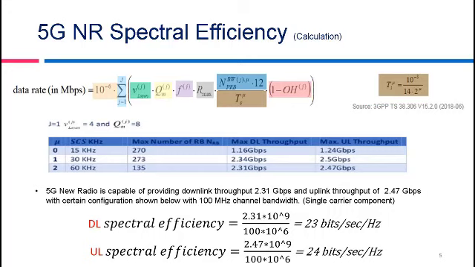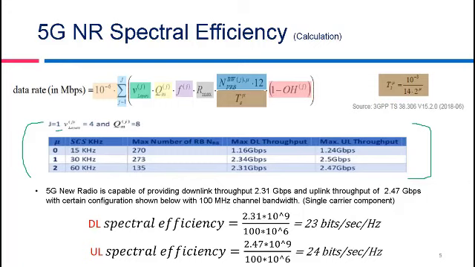After calculating 4G spectral efficiency, we can now calculate 5G new radio spectral efficiency. I have kept a table, and in this table we can see some of the results for maximum throughput achievable with subcarrier spacings of 15 kilohertz, 30 kilohertz, and 60 kilohertz. Here I have taken a maximum of 4 layers of transmission using a single carrier.